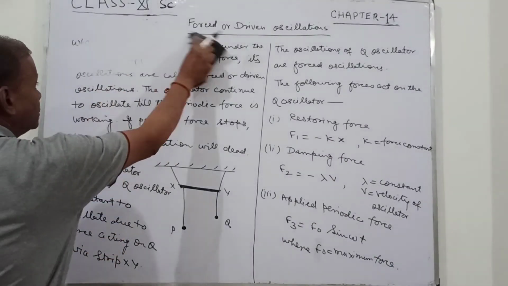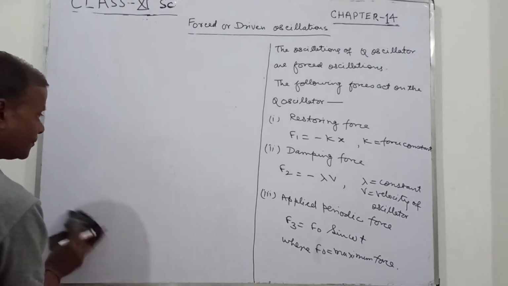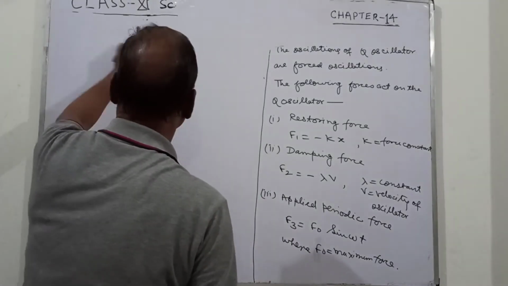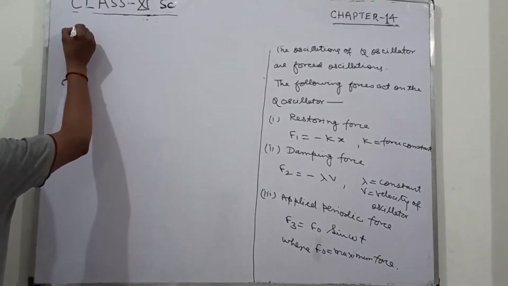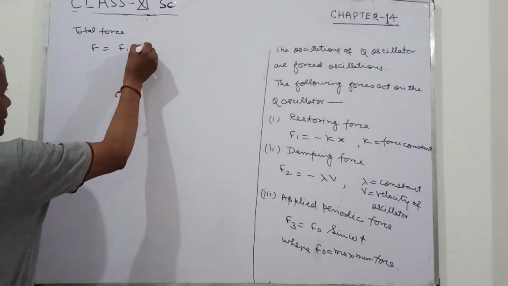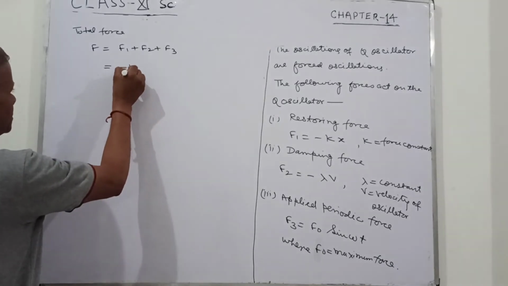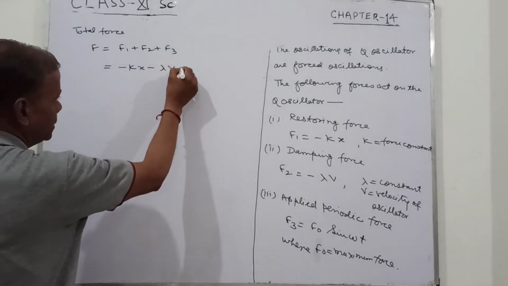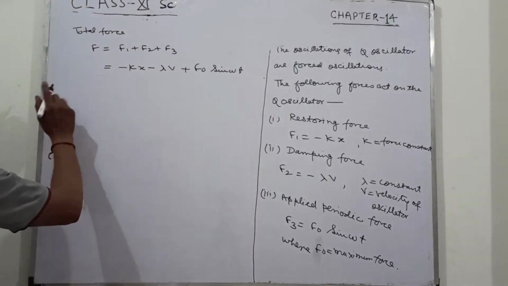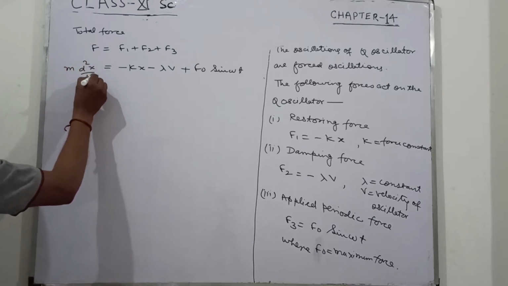So the total force F equals F1 plus F2 plus F3, which is equal to minus Kx, minus lambda V, plus F naught sin omega t, and this force F is equal to m d2x upon dt square.